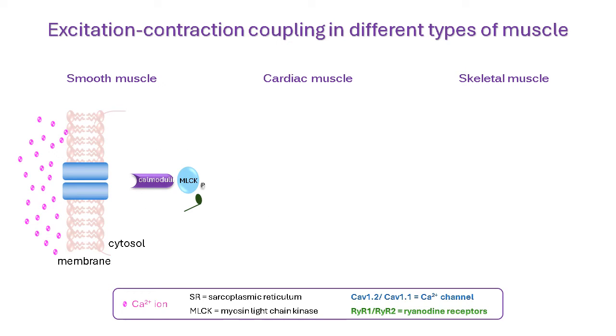Excitation-contraction coupling is arguably least sophisticated in smooth muscles, so I will start by explaining the mechanism in these cells. The calcium channel that mediates excitation-contraction coupling in smooth muscle is Cav1.2. It opens when the membrane depolarizes, and this allows calcium to enter the cell where it comes into contact with and binds to calmodulin.